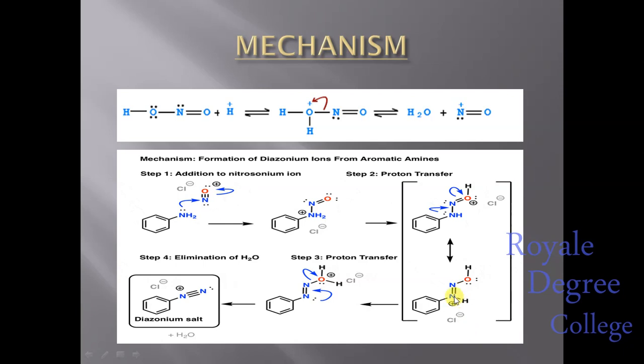Then from this, what will happen again in the third step? The proton transfer will take place. How is the proton being transferred? See here, in the previous case, one hydrogen which is attached with the nitrogen is coming out from that side and going to attach to this oxygen. So we are getting this structure.